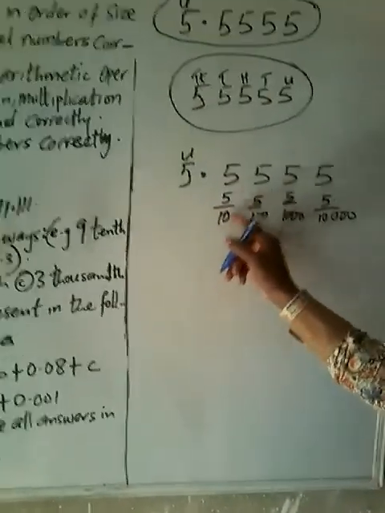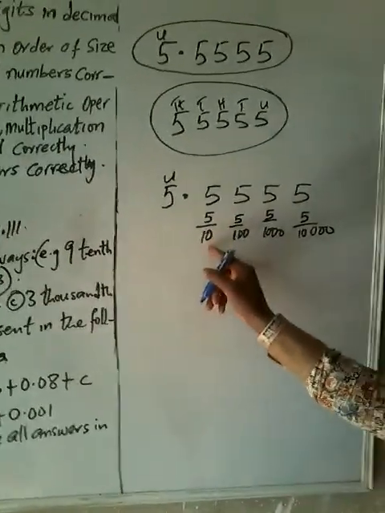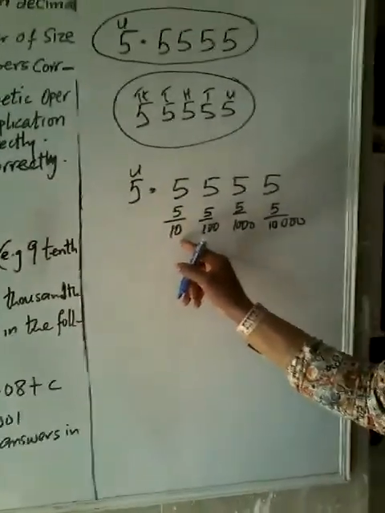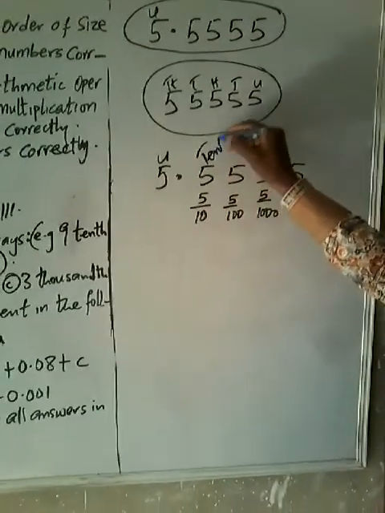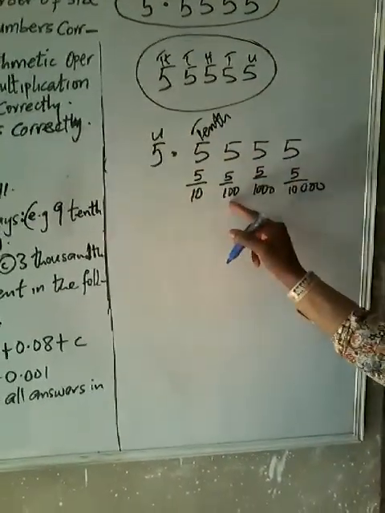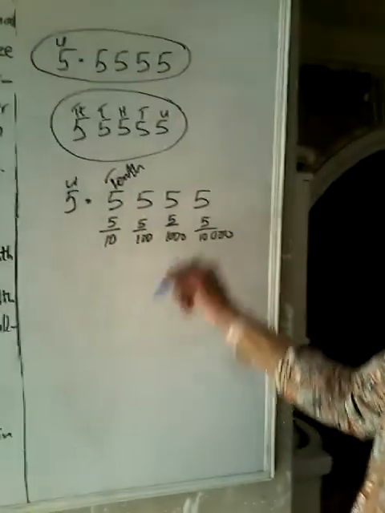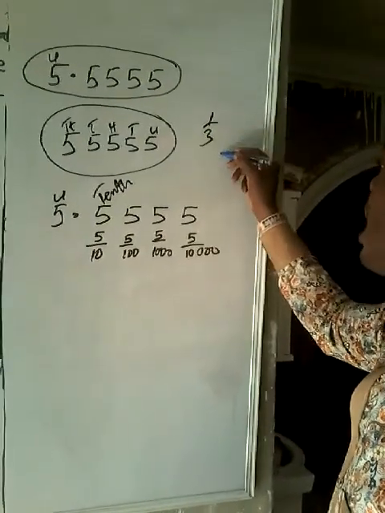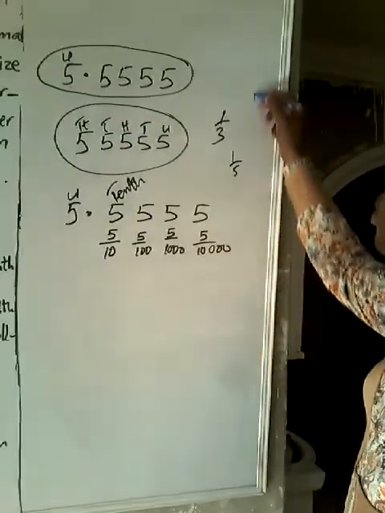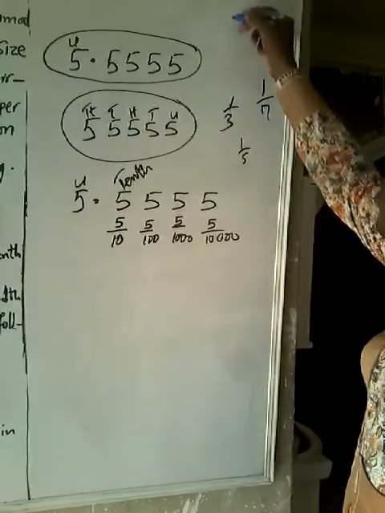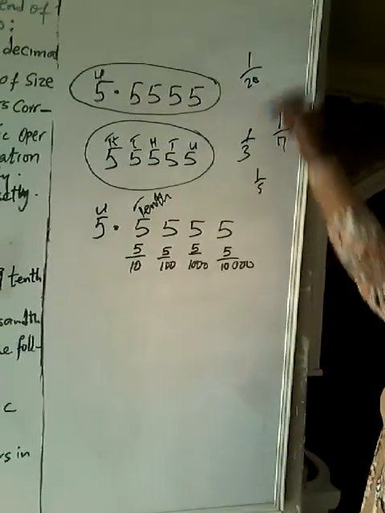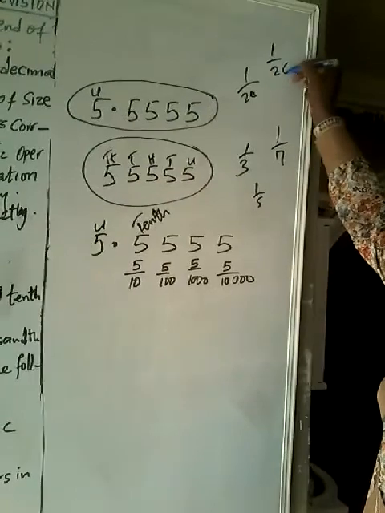The first digit after the point is automatically 5/10, so it will be called tenth. You may have 1/3, 1/5, 1/7, 1/20, 1/26, and so on.